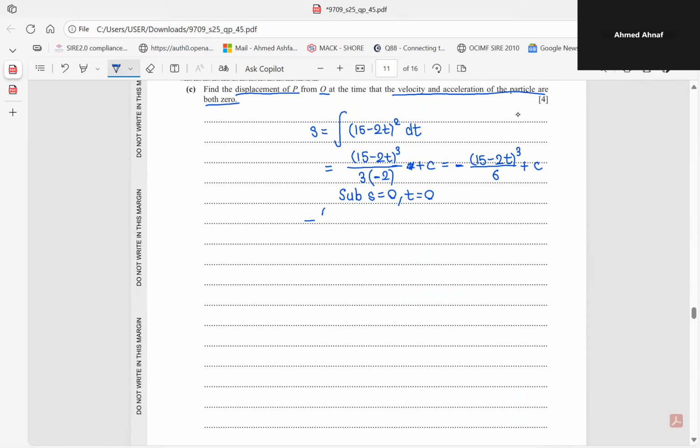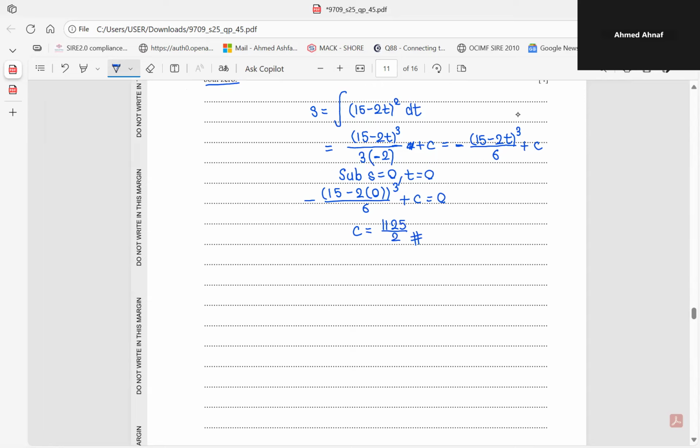So this is going to be minus (15 minus 2 times 0) whole thing cubed over 6 plus c equals 0. You will get c equals 1125 over 2. So this is our constant of integration.